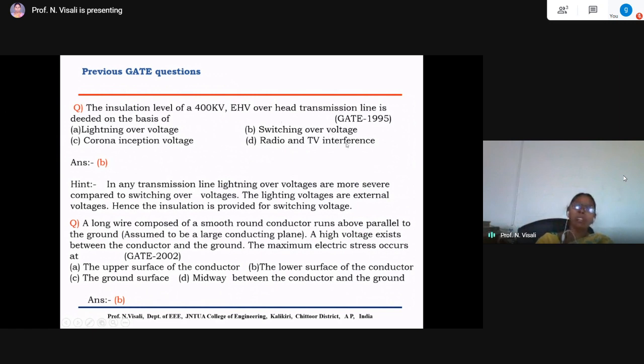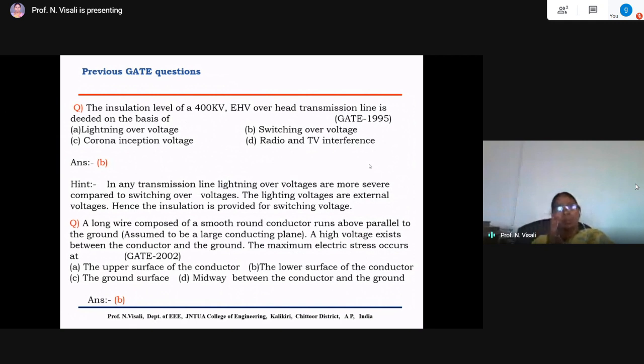How will you consider the insulation level of a 400 kV EHV overhead transmission line? It's a completely theoretical question. Insulation level is nothing but to withstand faults on the transmission line. Whatever the abnormal values of current or voltage are there, to withstand them, what is the value of insulation you are supposed to provide for this transmission line? That is the meaning here.